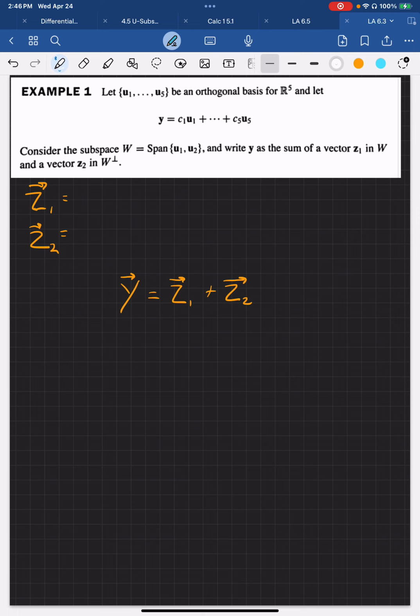So remember, z1 has to be a vector in subspace W. Well, look, you can reach any vector in subspace W by just using that linear combination.